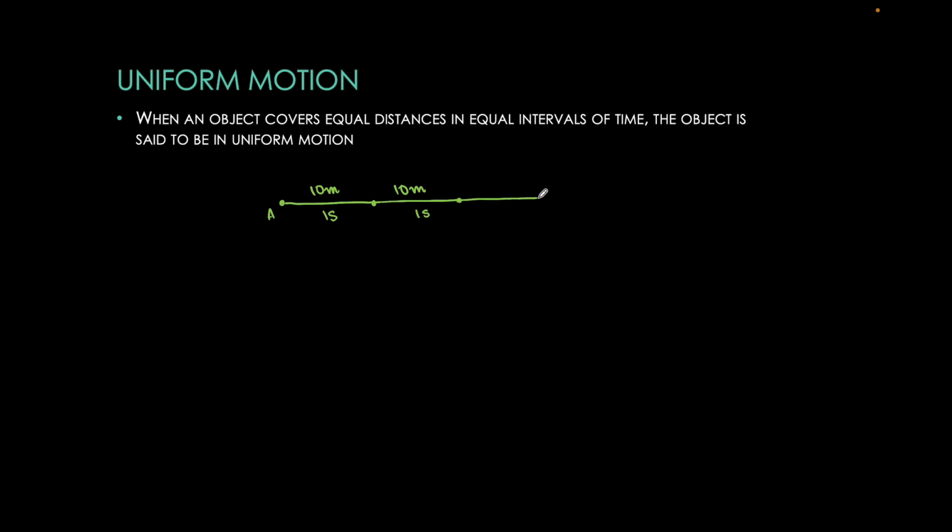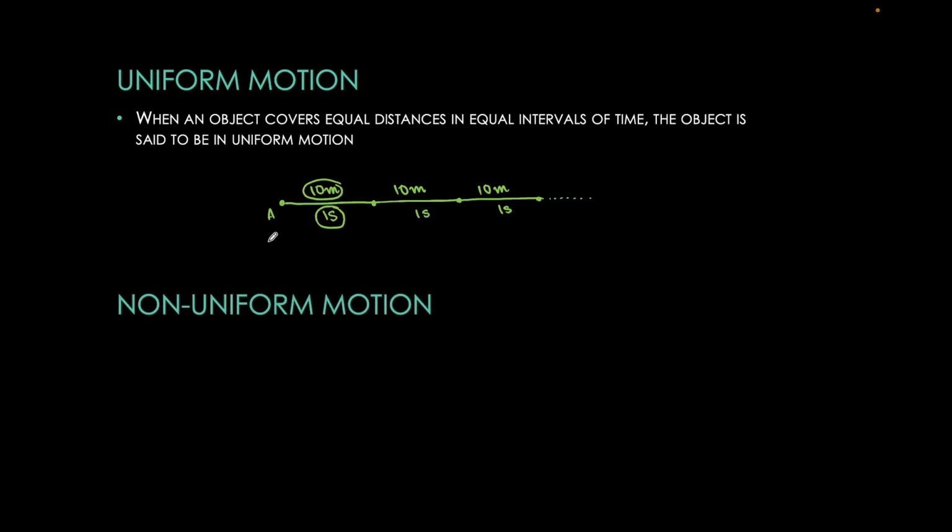Then again in the next 1 second, he moves a distance of 10 meter, and he continues like this, right? So if equal distances are covered in equal intervals of time, then this object is said to be in uniform motion. You see, for every 1 second, he's covering a distance of 10 meter, right? So this object is said to be in uniform motion.